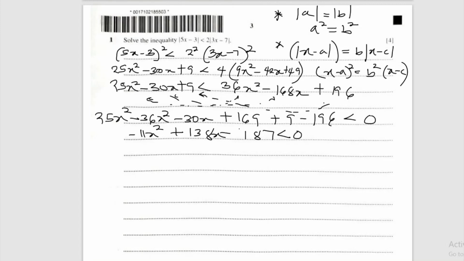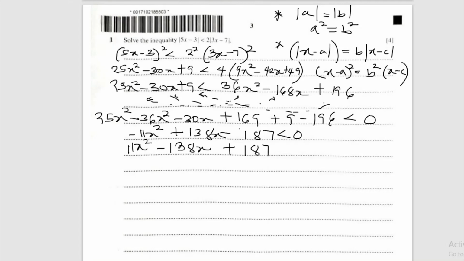Now because of the minus beside 11, you multiply both sides by minus. You multiply through by minus, so we have 11x squared minus 138x plus 187.